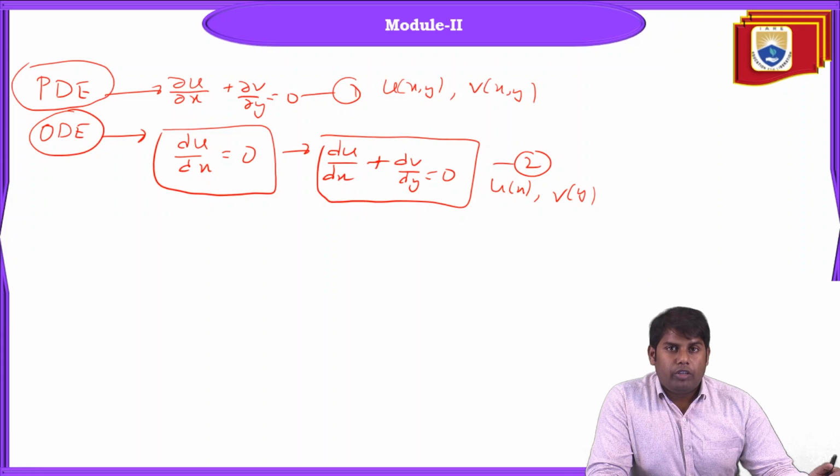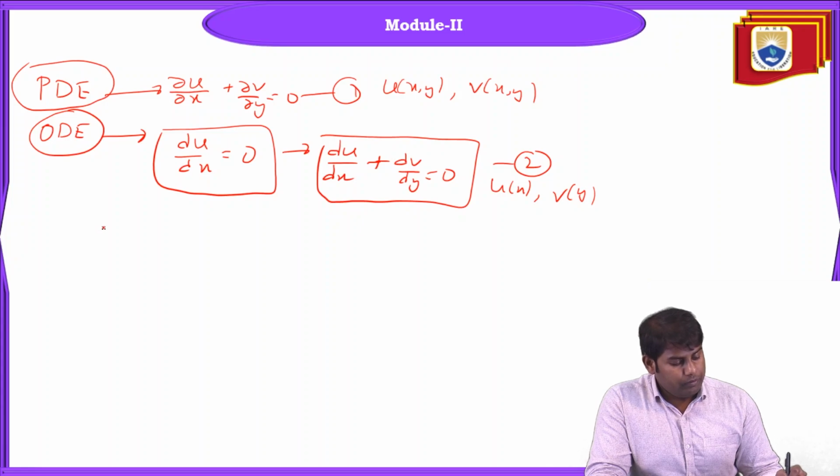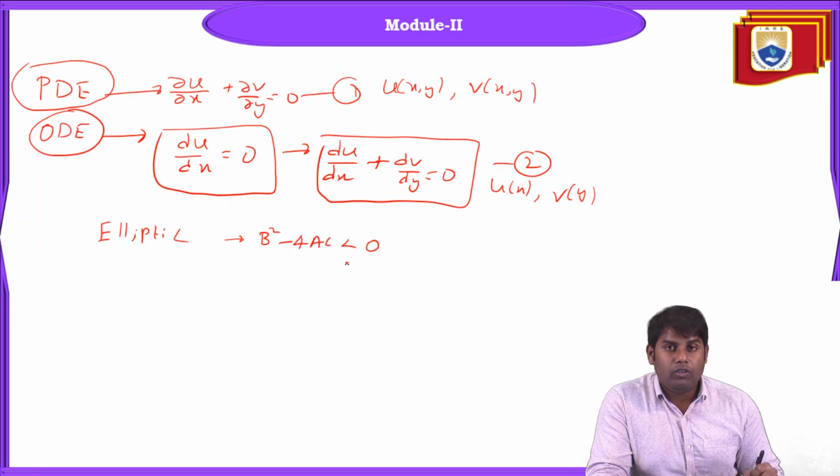Now, in module 2, we have three classifications of PDE. One, elliptic, where the discriminant b square minus 4ac is less than 0.